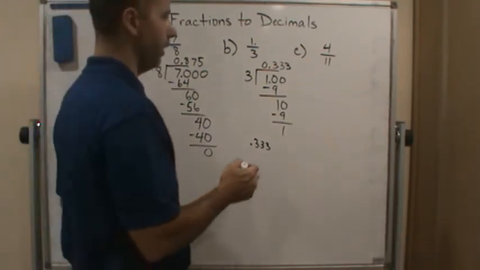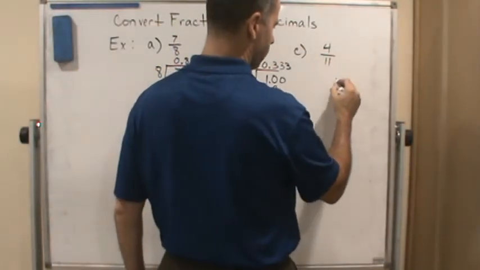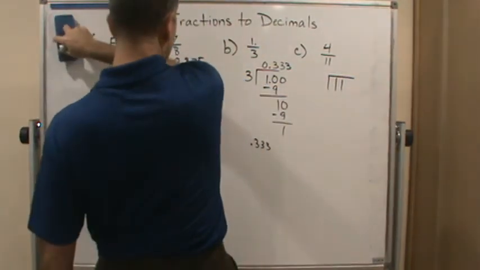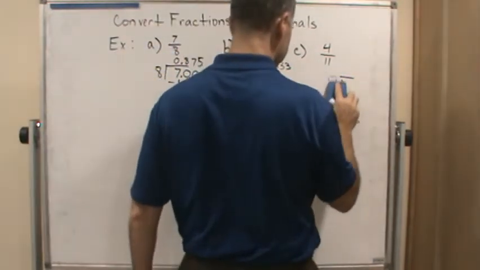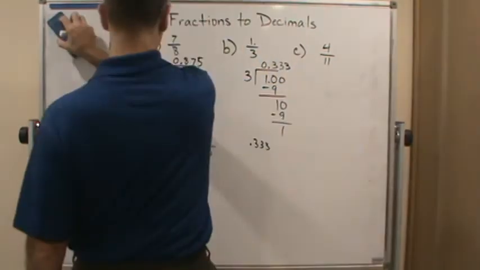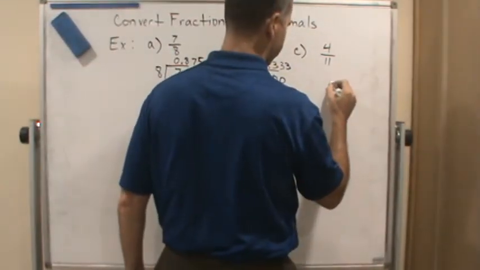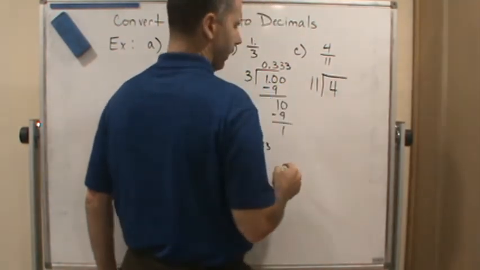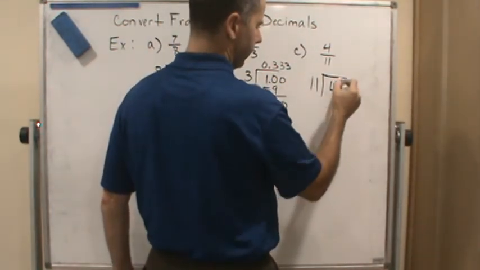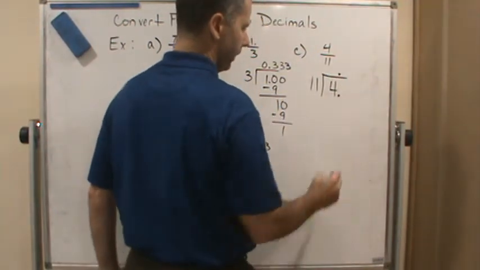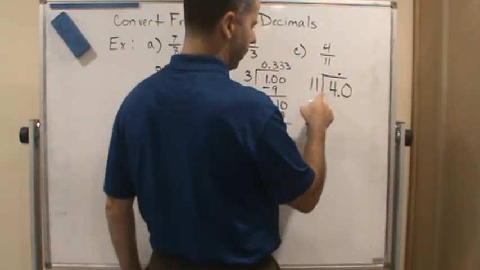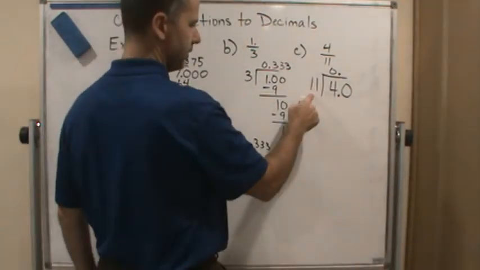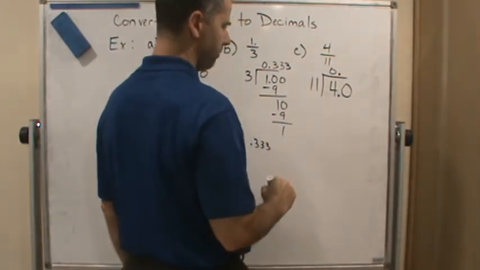Now let's do 4/11ths. Same sort of thing. I'm going to put the decimal point here and raise it up. Now I'm going to put a 0 here because 11 does not go into 4. If you want to put your 0 up there, that's fine, because 11 times 0 is 0 and it doesn't change anything.